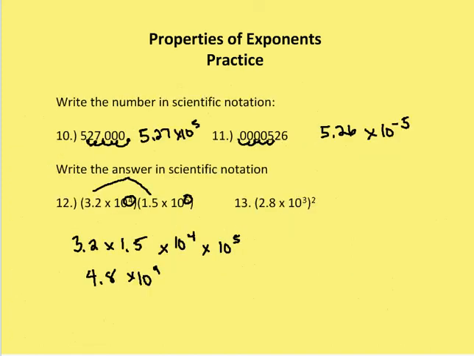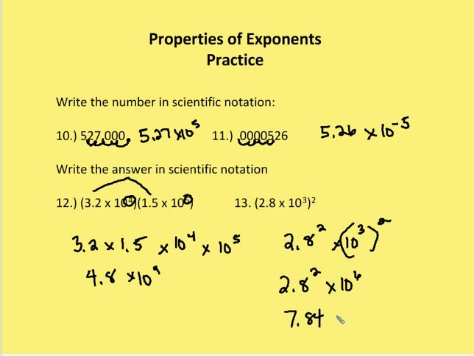So going back to our example, I have 2.8 squared times 10 to the 3rd squared. So 2.8 squared times 10 to the 6th. And if we use our calculators, which I need to do right now, we end up with a value for 2.8 squared as 7.84 times 10 to the 6th.